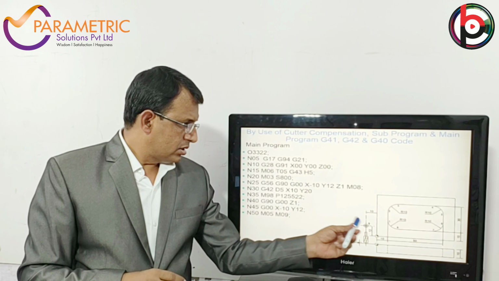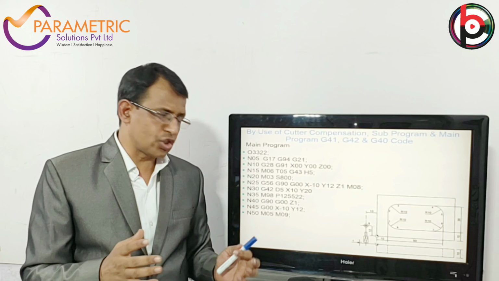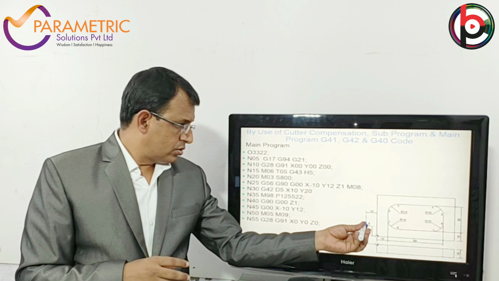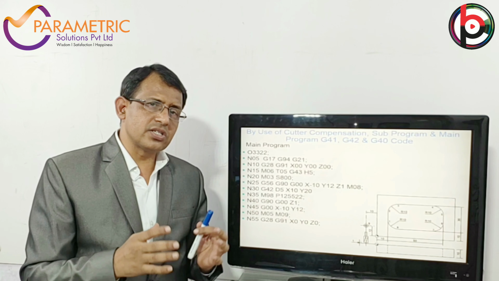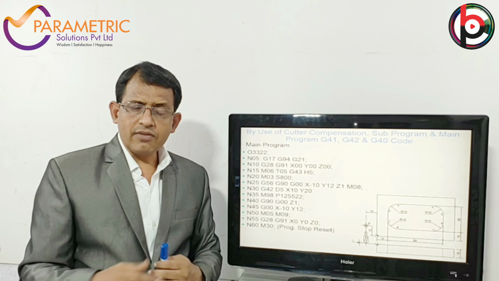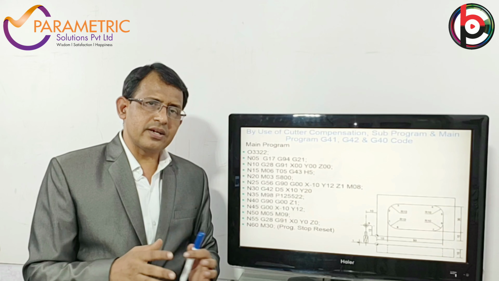Then spindle stop, that is M05, and coolant stop M09, and then the tool or turret moves to the tool reference, that is G28, G91, X0, Y0, Z0. After that, the program stop M30 code will be used, and then reset the program.